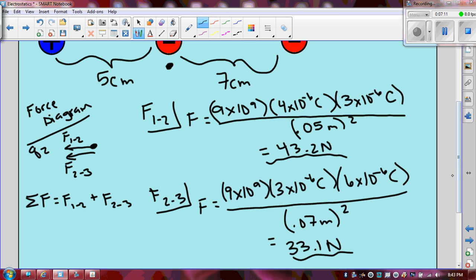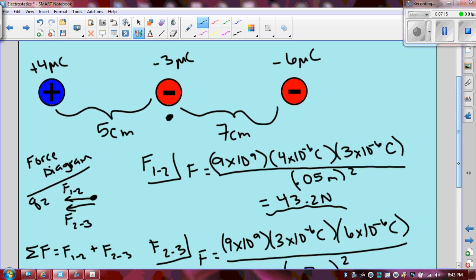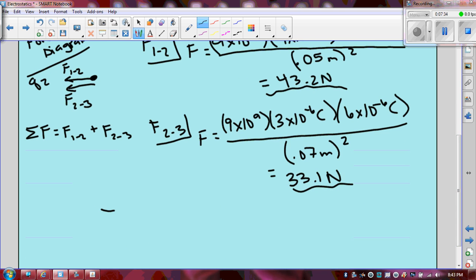So to wrap up this problem, notice what we've discovered. Not only does charge 2 feel attracted to charge 1 with a force of 43.2 newtons, but we also know that it feels repelled to the left by charge 3 with a force of 33.1 newtons. And so since they're both facing the same direction, my sum of the forces on charge 2 is just going to be the 43.2 newtons plus the 33.1 newtons.